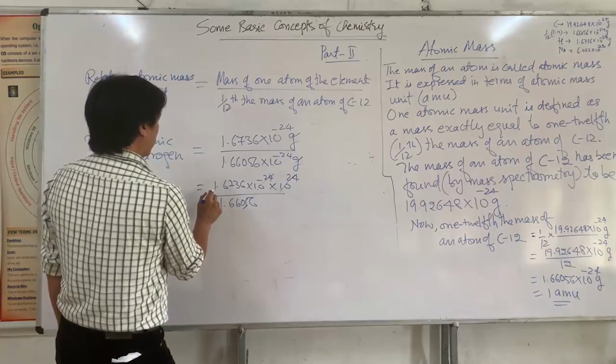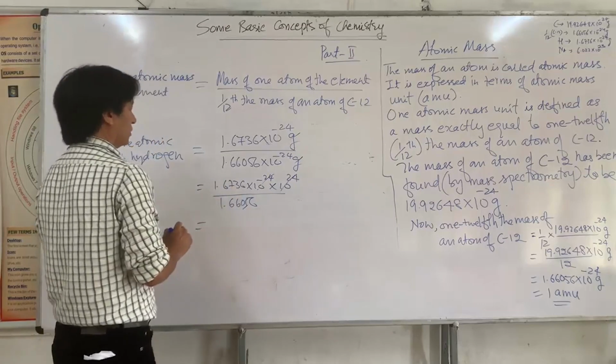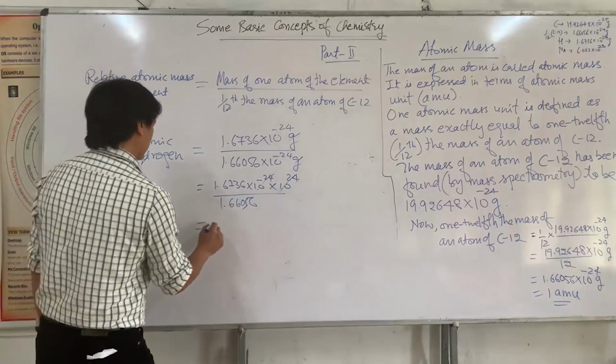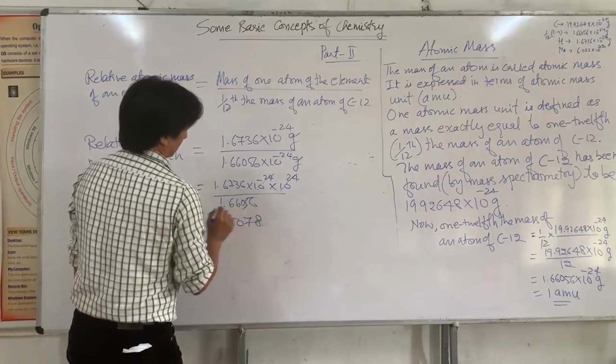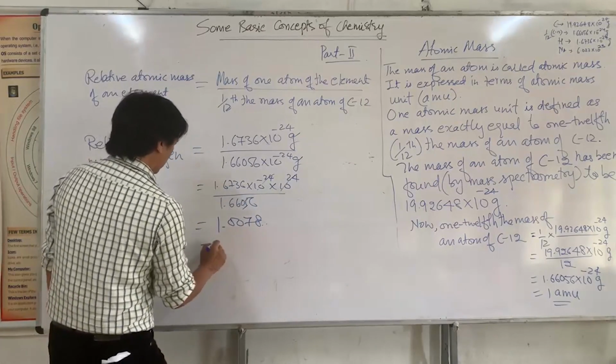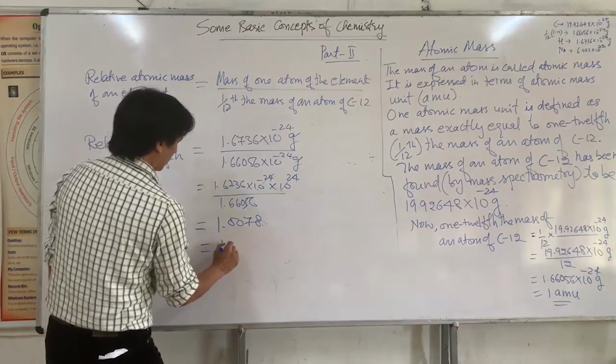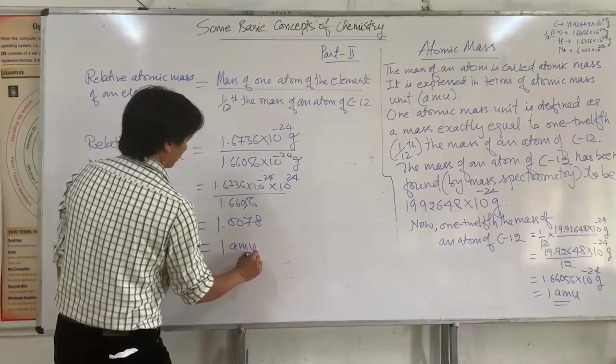When you divide 1.6736 by 1.66056, you get 1.0078 approximately. And we take this as 1 AMU.